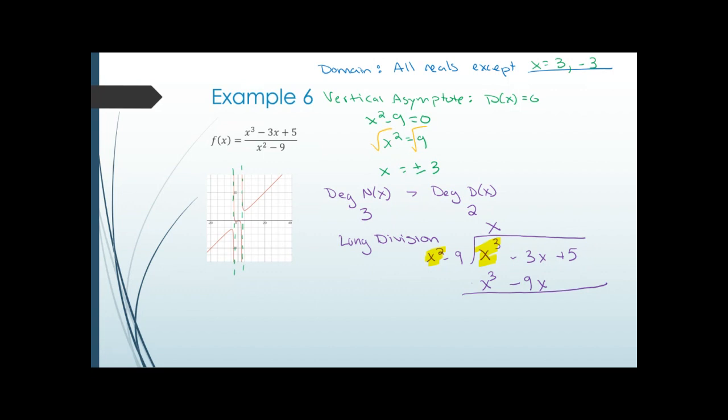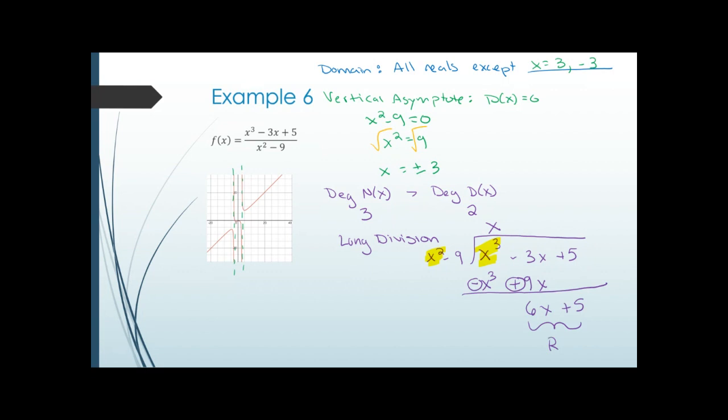I draw my line, I'm changing my signs, and then I combine. x cubed minus x cubed is 0, minus 3x plus 9x is 6x, and then I drop down my plus 5. Now, x squared times what gets me 6x? That's nothing. I can't multiply x squared by something to get 6x. I'd have to divide it. So that is a remainder.